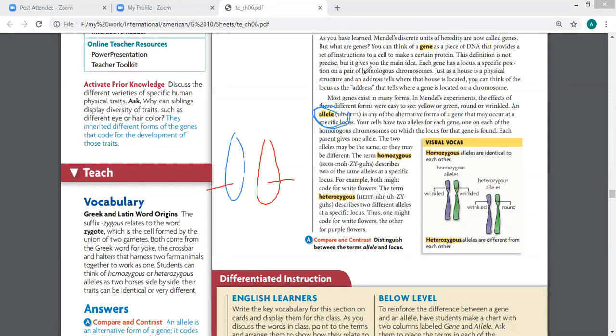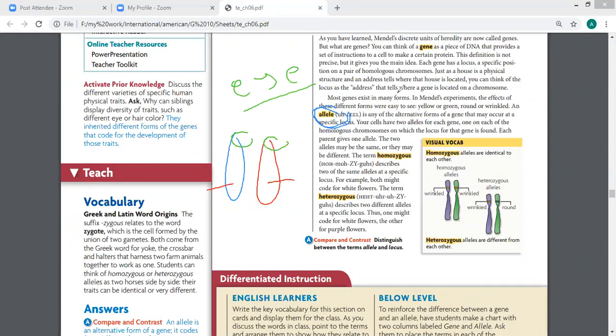So they are chromosomes, and they carry the genes. For example, in this part, a gene carries the eye color trait.